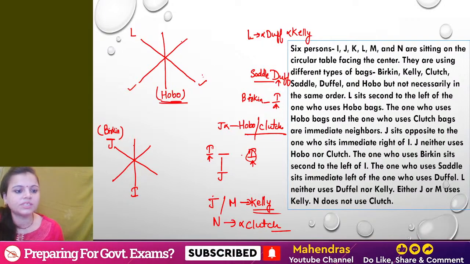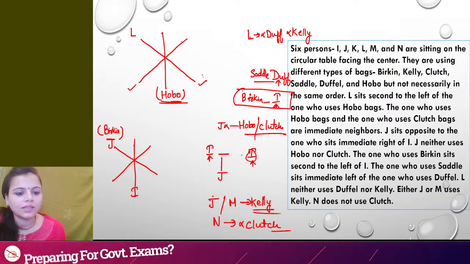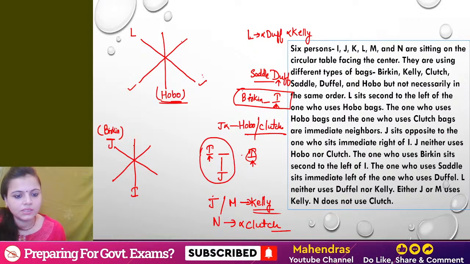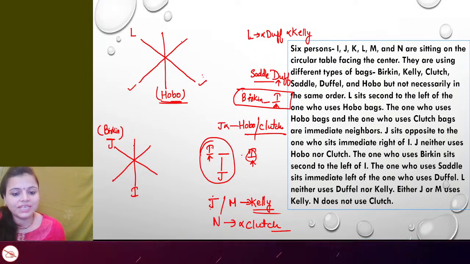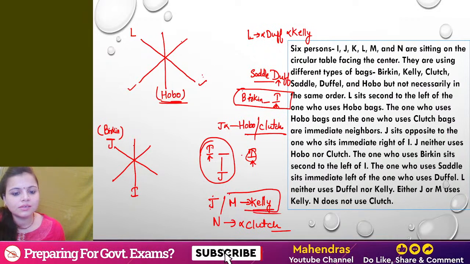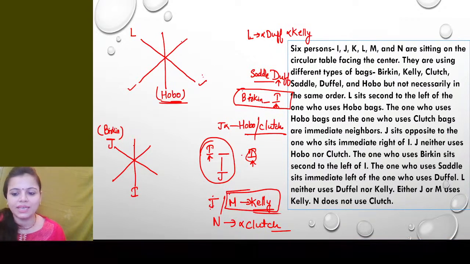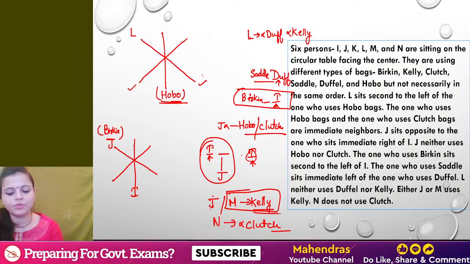J is not using Kelly. That means M is using Kelly, because either J or M uses Kelly. So M uses Kelly.